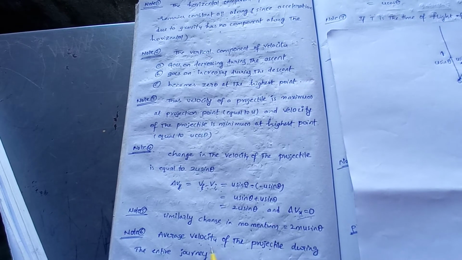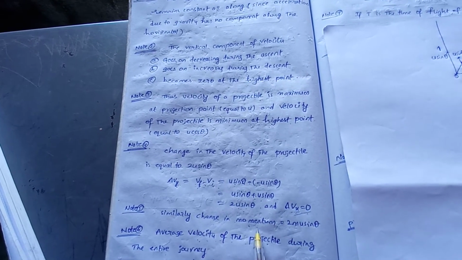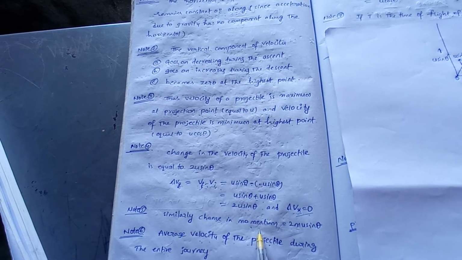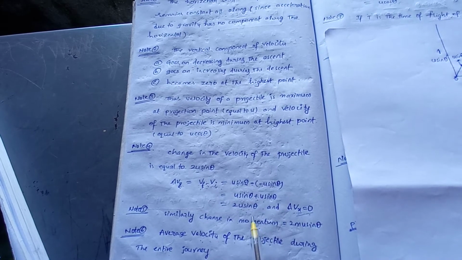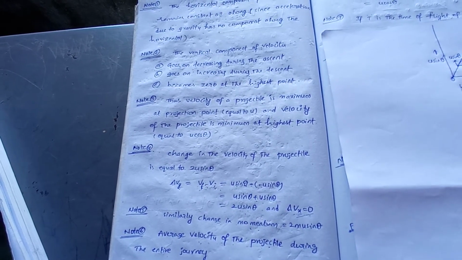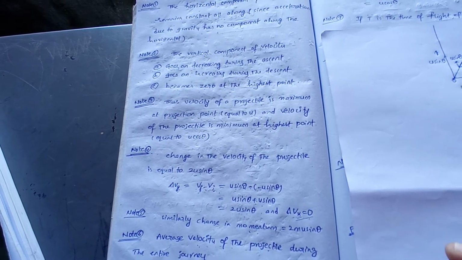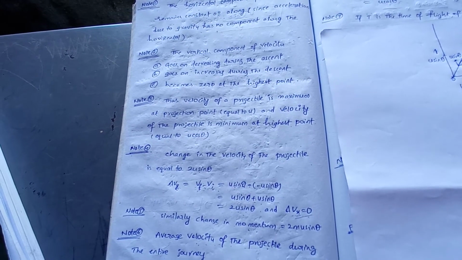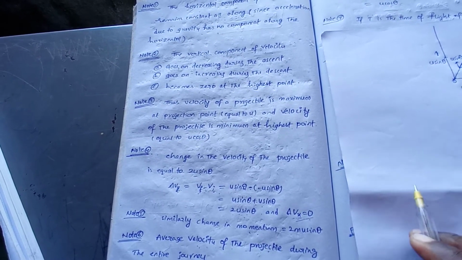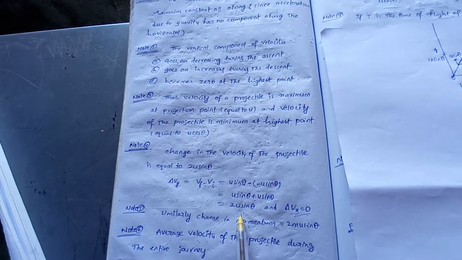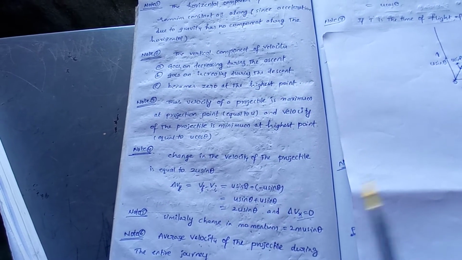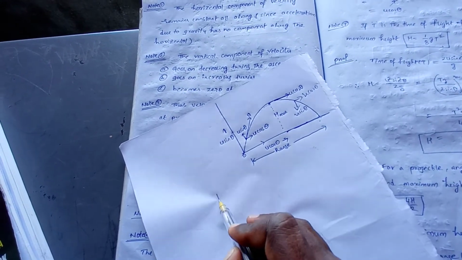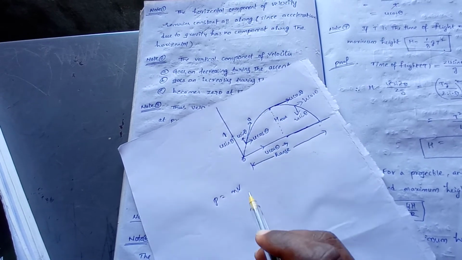Similarly, the change in momentum. The change in momentum in the vertical component direction: we know the velocity is 2u sin theta, so we can find momentum easily. What is the momentum formula? mv.